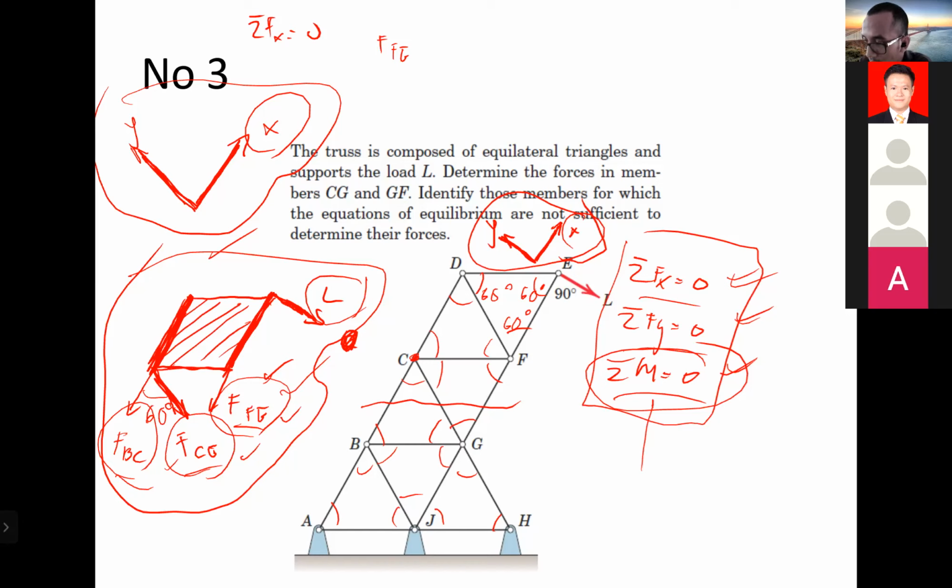So sigma fx equal to 0 becomes FFG plus FBC plus FCG cos 60 degrees equal to 0. But from sigma moment, you are already getting this value, right? Yes. Okay, then after that, use sigma fy equal to 0.